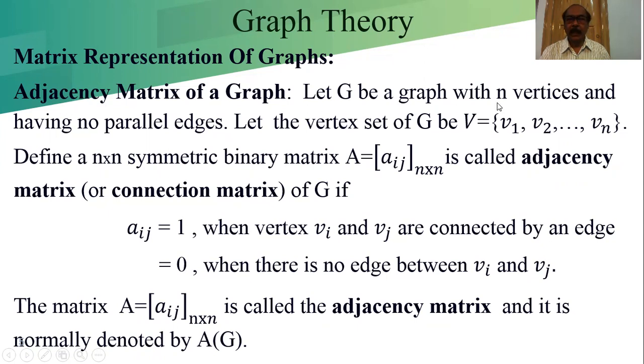Let G be a graph with n vertices and having no parallel edges. Then the vertex set of G, V, is the set with vertices V1, V2, ..., Vn.